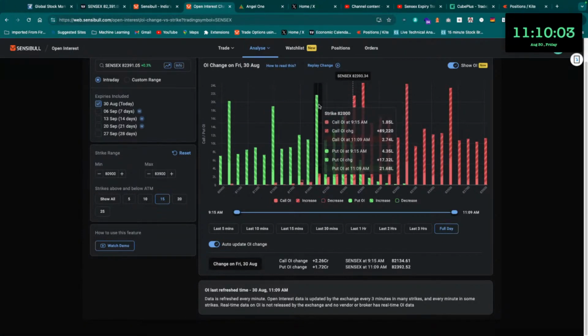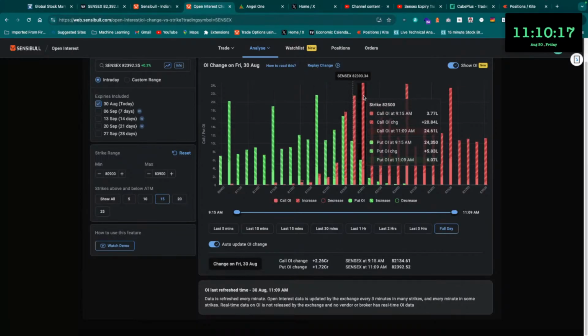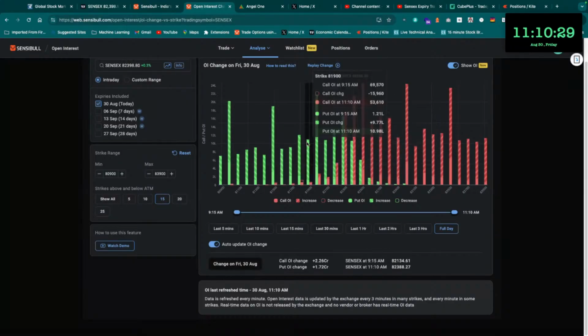And then 82,000 definitely seems to be quite stronger with put at about 21 lakhs, and then the call is at about 24 lakhs. I think not a massive move, mainly because yesterday people would have made a lot of money and then they want to take rest. Could be the reason.